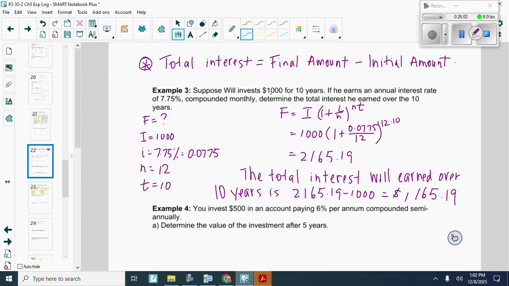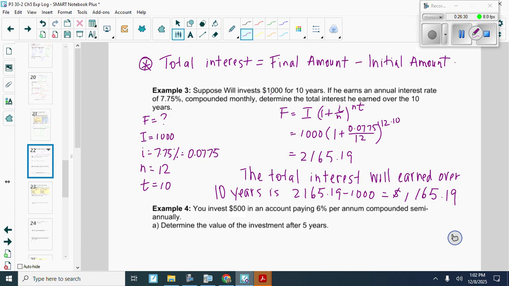Okay, I know it's a little underwhelming that these investments don't yield massive returns. Over 10 years, he doubled his money, but it took 10 years to do it. So that's another thing that we need to recognize: doing a lot of these kinds of investments takes a lot of time.